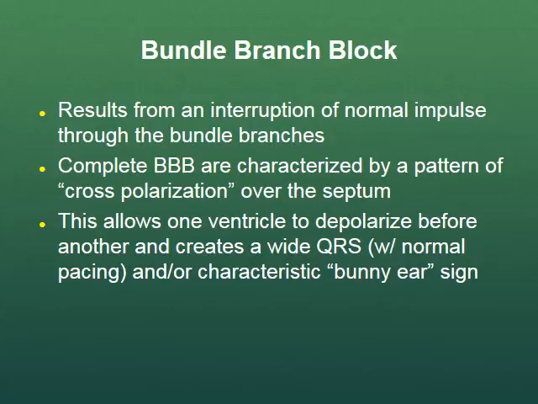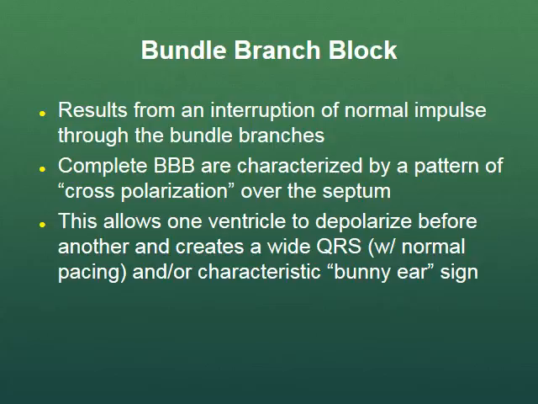So what happens whenever you do have a bundle branch block? Just one of your bundles is completely blocked off. They can be partially blocked off as well, but for this explanation, just consider one of your bundles that supplies a whole ventricle with electricity completely blocked. You still do get depolarization of the other ventricle.